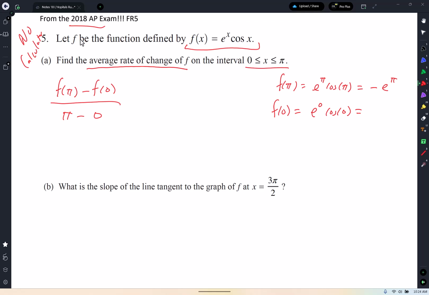I'm slowing down. Cosine of 0 is 0. Sorry. Cosine of 0 is 1. And e to the 0 is 1. What's 1 times 1? 1. There it is. I'm going to come back. I'm going to go negative e to the pi minus 1 divided by pi. Done. That's your answer.